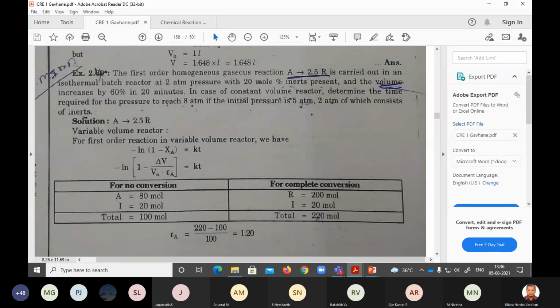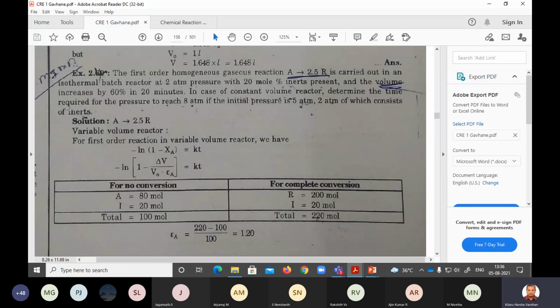It is happening at 2 atmospheric pressure, and in the reaction there is only 80% of A present. This reaction is happening for 20 minutes. In this variable volume batch reactor, the volume increases by 60%. That is what he gave.